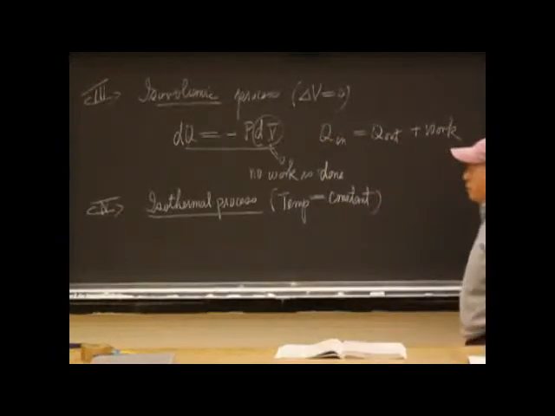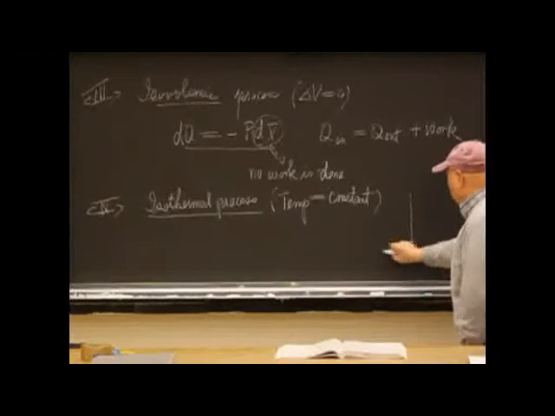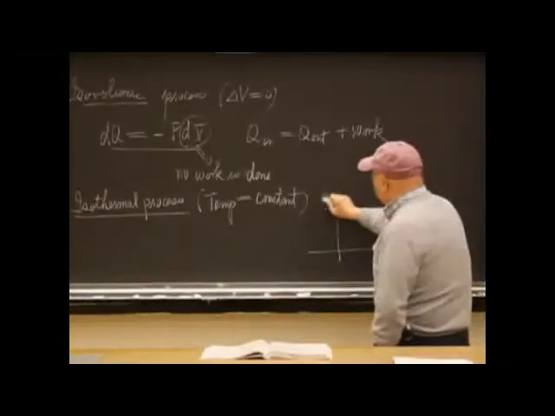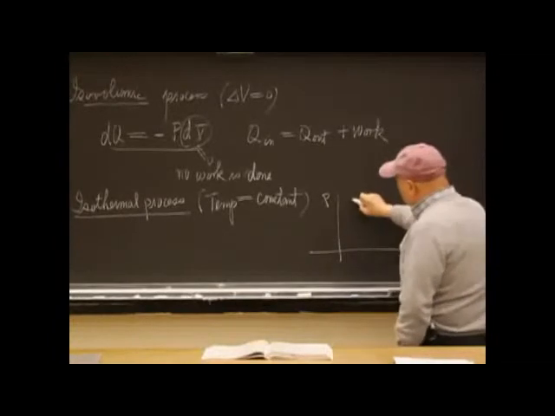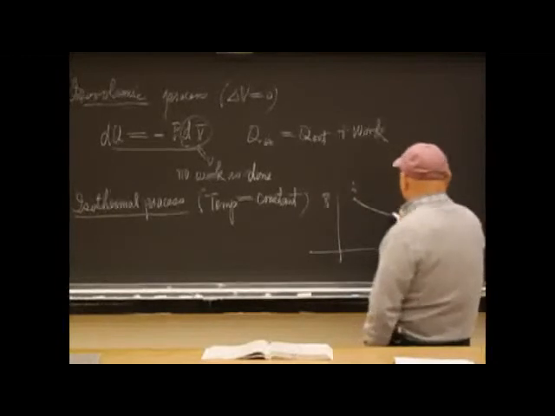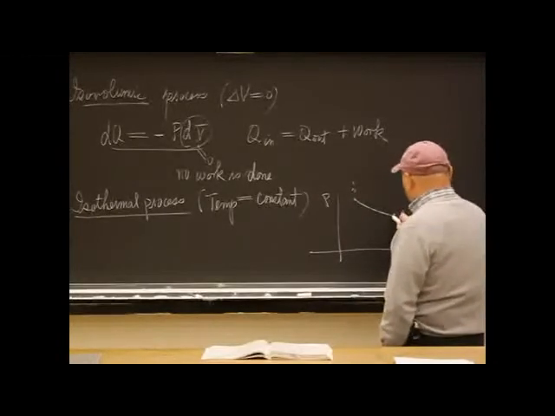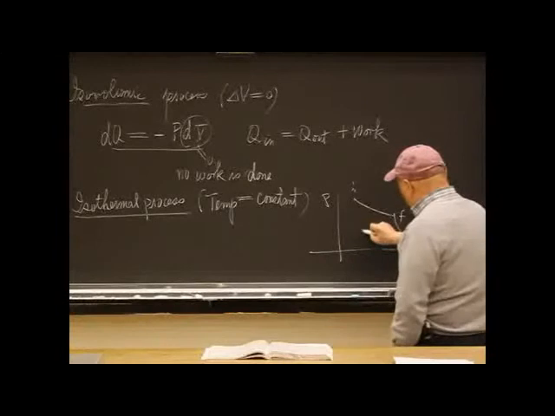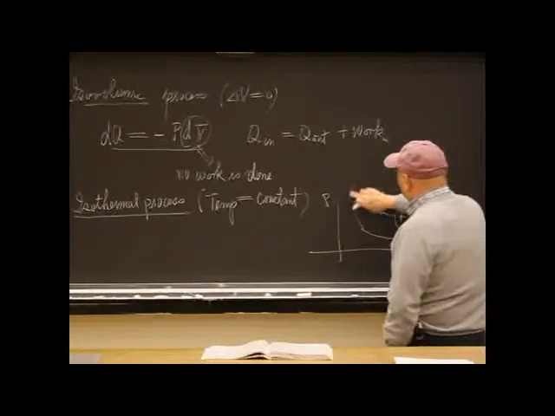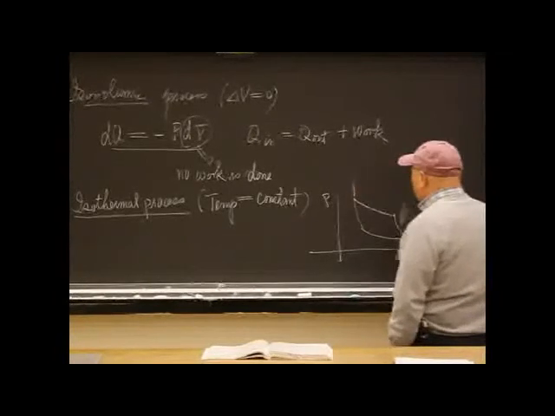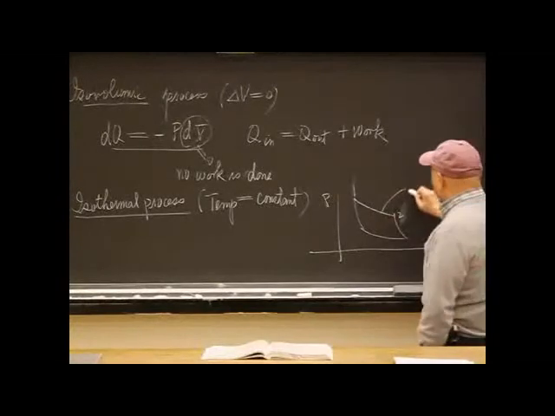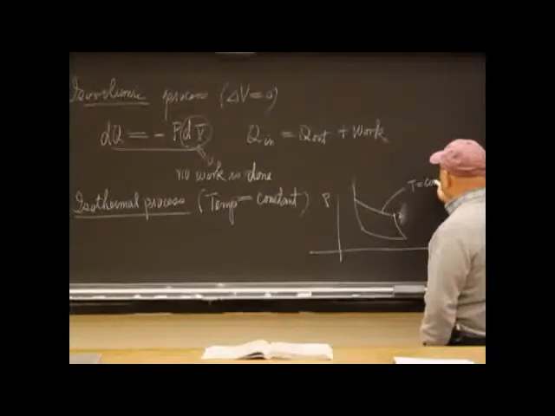In these cases, usually this process is something like this. This is P, and this is V. Initial to here, this is I, and here is F, and then go on like this. From point 1 to point 2 is called the isothermal process, T equal to constant.